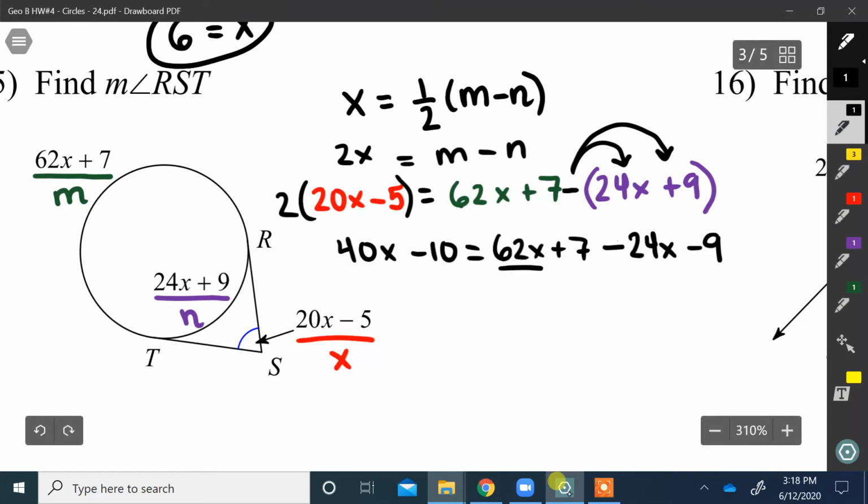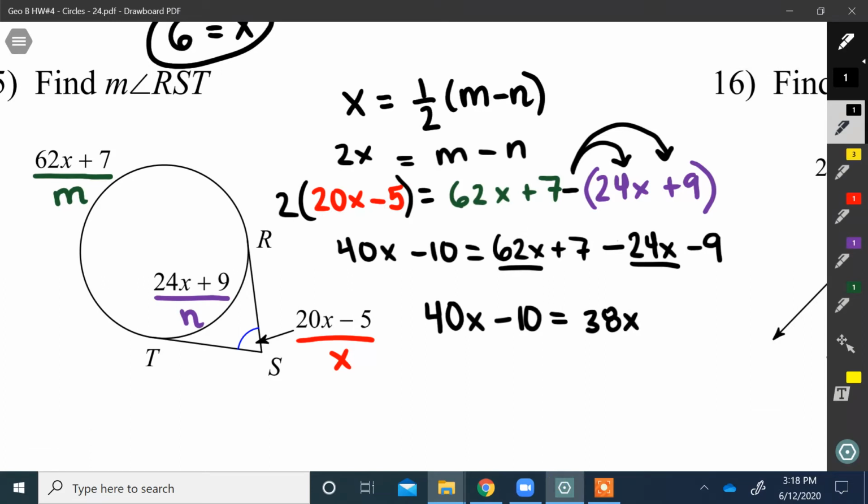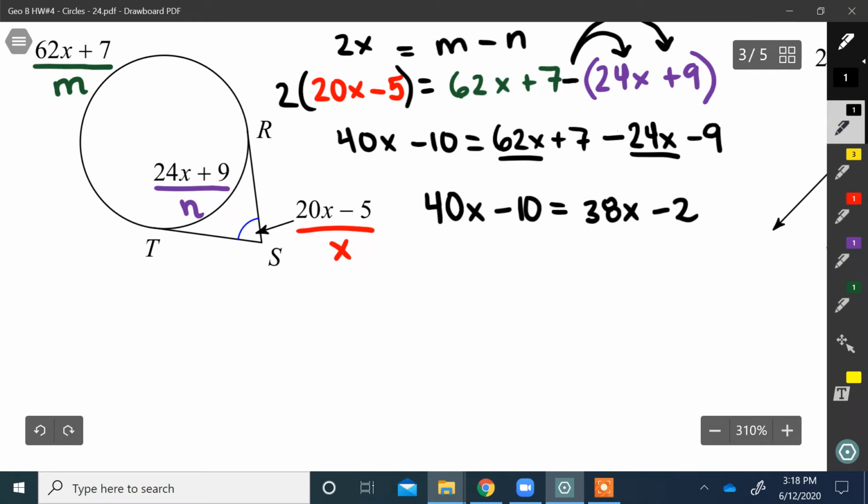We're gonna combine like terms. 62 minus 24 is gonna be 38x, and then 7 minus 9, that's just gonna be negative 2. Okay, I'm going to go ahead and subtract 38x on both sides.